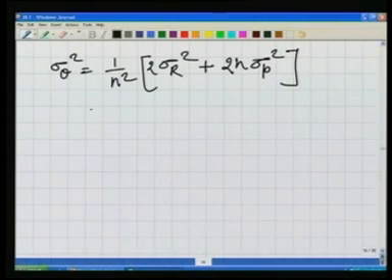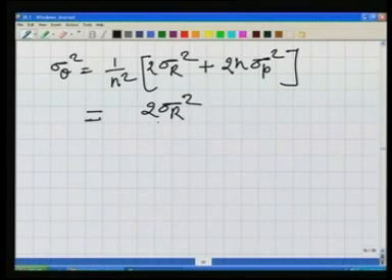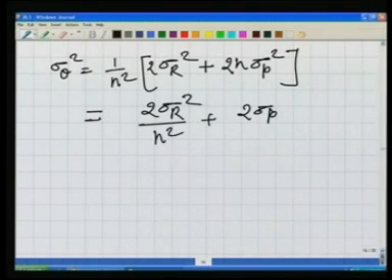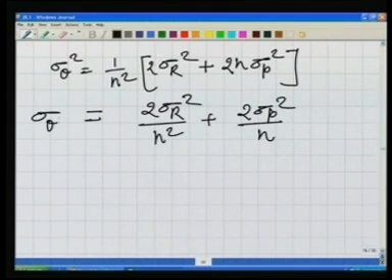Now this can further be simplified as 2 sigma r square divided by n square plus 2 sigma p square divided by n, and this is what we get here.